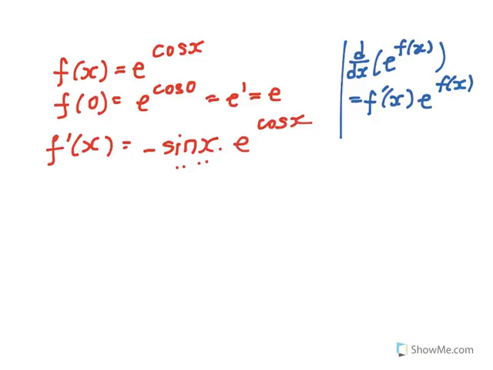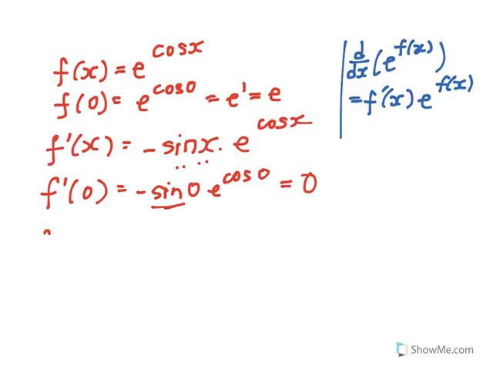Because this is the f prime. Then what's f'(0)? Very quickly you can see that f'(0) is negative sine 0 multiplied by e to the power of cosine 0, and sine 0 is 0, so f'(0) will just be 0.